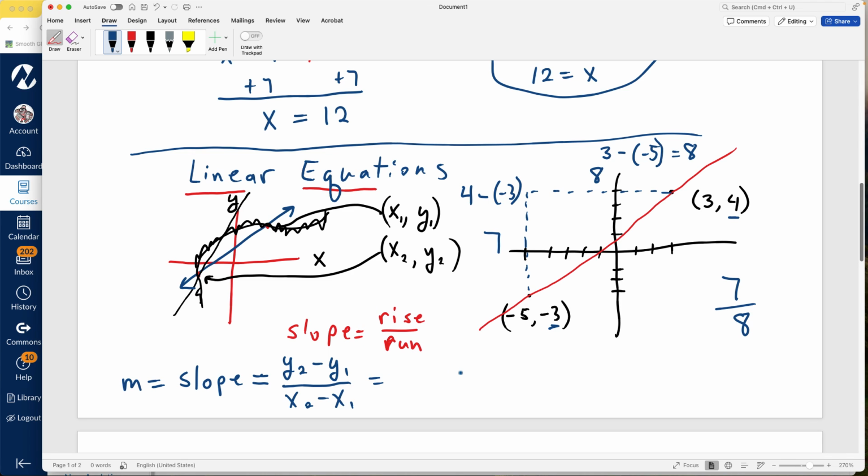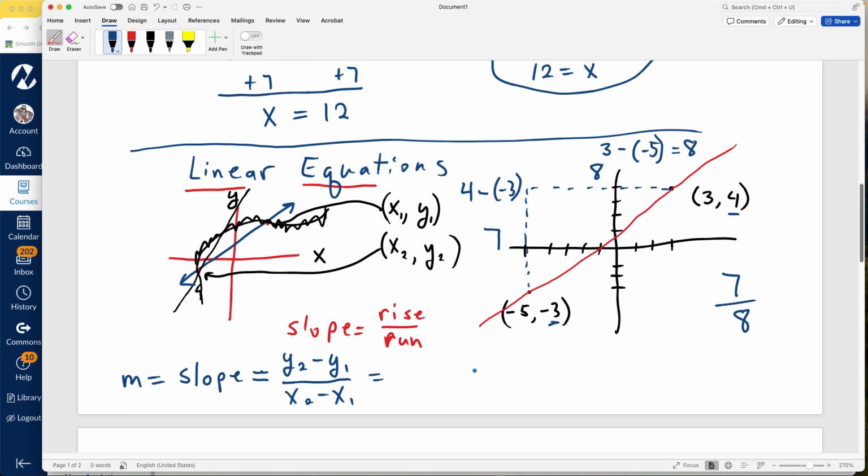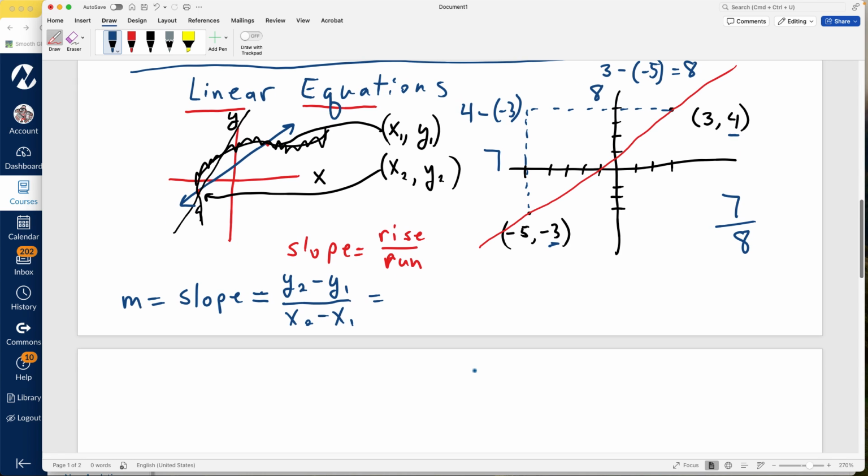But what I'm going to show you is how we can get the slope, because you're going to be given two sets of points and asked to get the slope. The ancient way of doing that is to take the 2 points and put one over the other. So this is 3, 4, negative 5, negative 3.